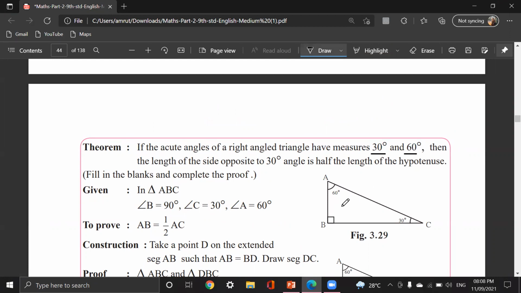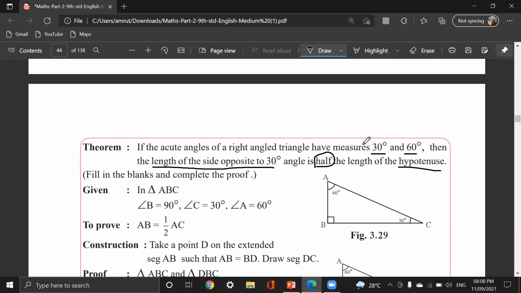So one is 90° that we know, and the other two remaining angles are 30 and 60°. Then only the length of the side opposite to 30°, this sentence is very important, the length of the side opposite to 30° angle is half of the length of the hypotenuse.